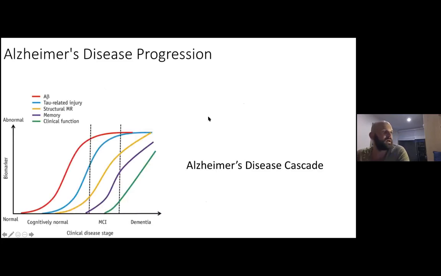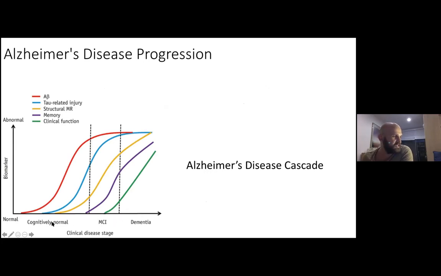The Alzheimer's disease cascade, for people who aren't familiar, is a transitional cascade of different pathologies becoming more predictive of where you are in terms of disease stage. In this curve, we see the clinical diagnoses change from cognitively normal to mild cognitive impairment to dementia.